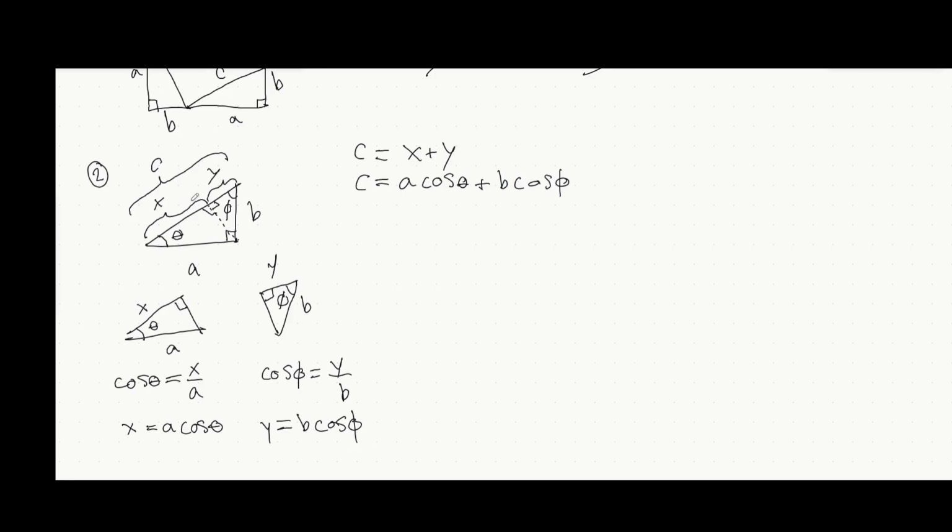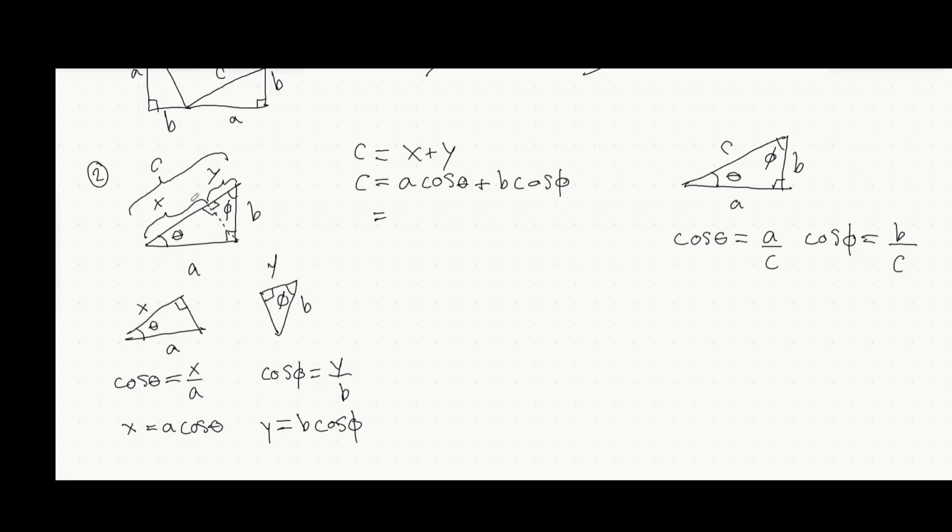Well, we can again look at the original triangle, the large triangle. So we have theta and phi. Looking at this triangle, we know this side is c, so cosine theta is adjacent a over hypotenuse c, and cosine phi is adjacent b over hypotenuse c.